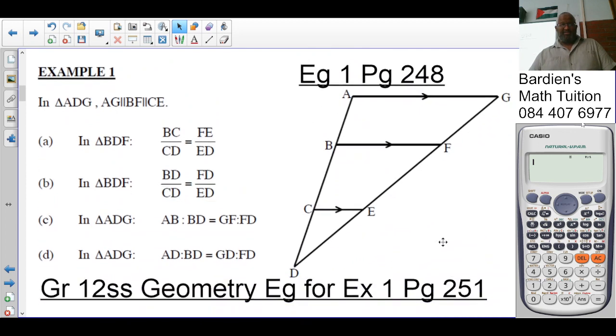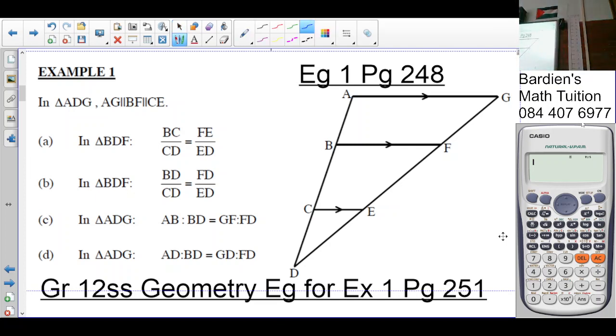Okay, so just look at this here quickly. We did the investigation and we discovered that if lines are parallel, it will divide the sides in proportion. So what they came up with is that, in triangle BDF, you see that these two lines are parallel.